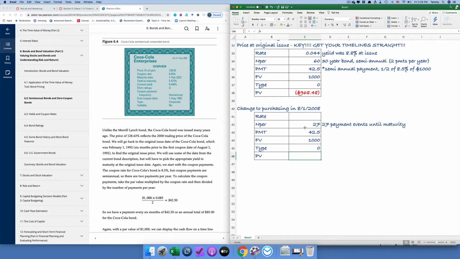Let's delete this. And so again, we put in the rate as half of this quoted 5.473, which is what was quoted, so let's just calculate that out.